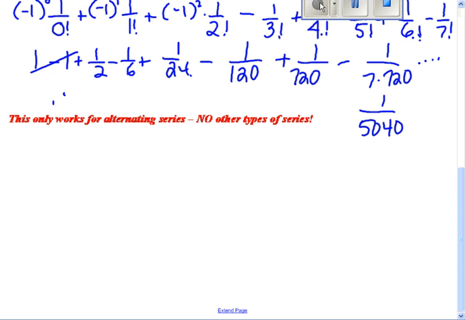So this is 0.5. I don't know what minus 6 is. Plus 1 over 24. What's 120? 1/20th is 0.05. You gotta have a calculator.